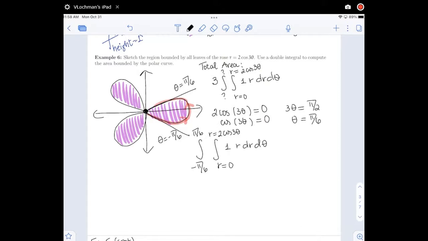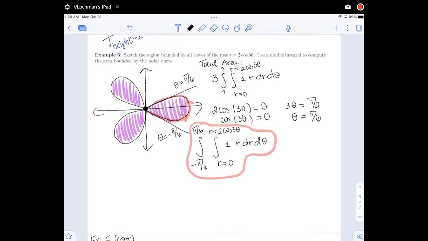Okay, so that is our setup. Why don't you guys take the time and compute this integral? The answer will be nice. It's going to turn out very nice. So take the time to compute the integral, and once you have an answer, let me know what that is. The answer for one leaf and then for all of them. All right.